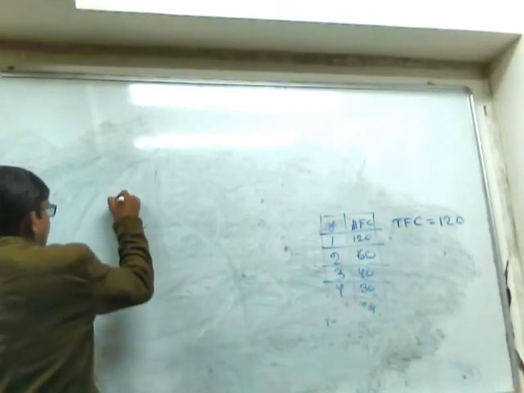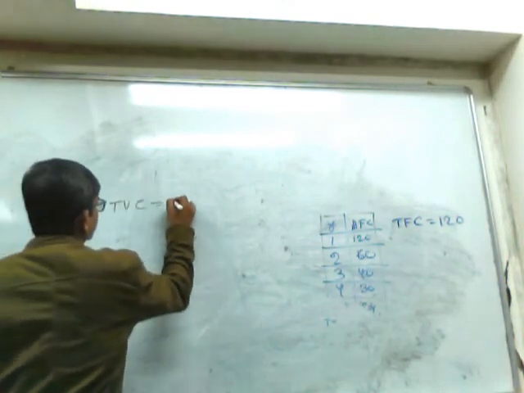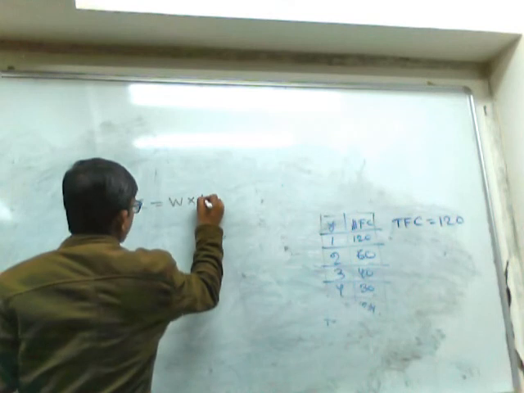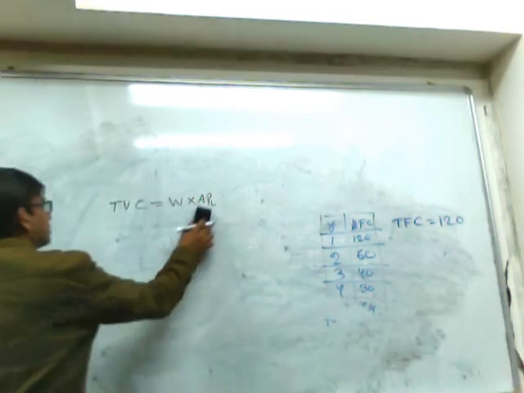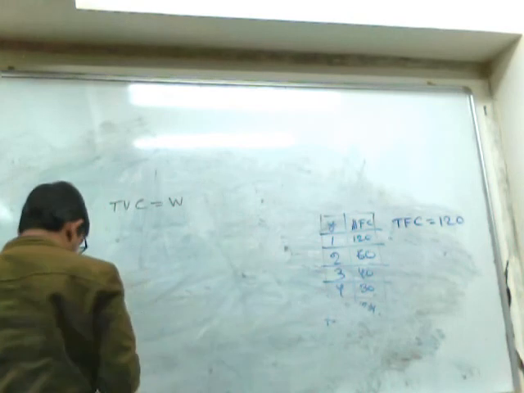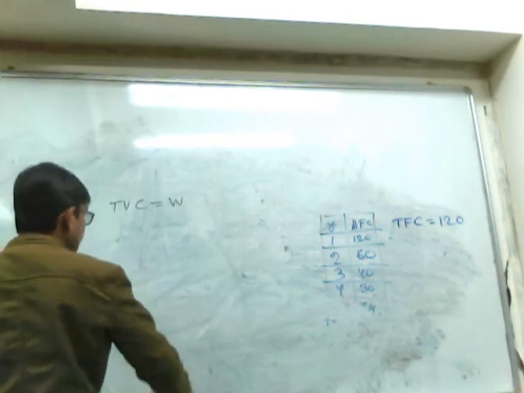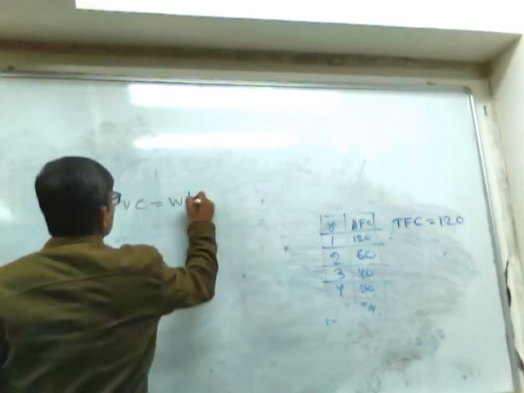Just now we considered that total variable cost equals the wage rate multiplied by labor employed.